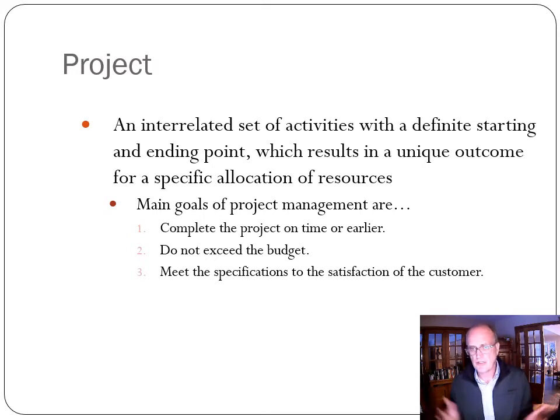The main goals of project management are to budget the time and complete the project on time or earlier, not to exceed the budget, and to meet the specifications to the satisfaction of the customer, whether that customer is an internal customer or an external customer. So project management is the process by which we manage or control the execution of a series of tasks with a specific goal at the end of it.